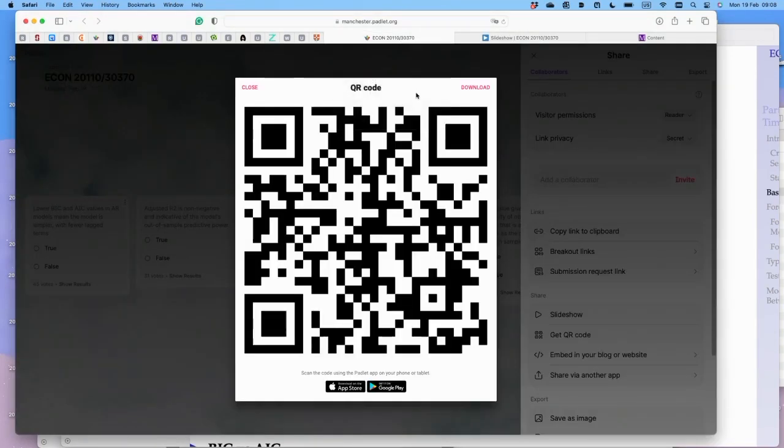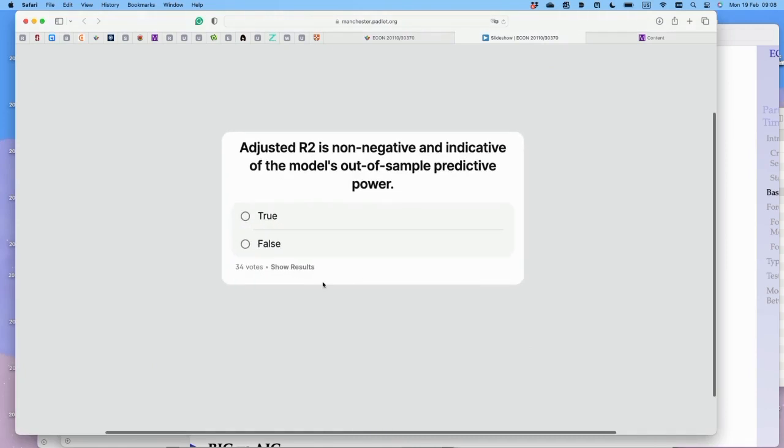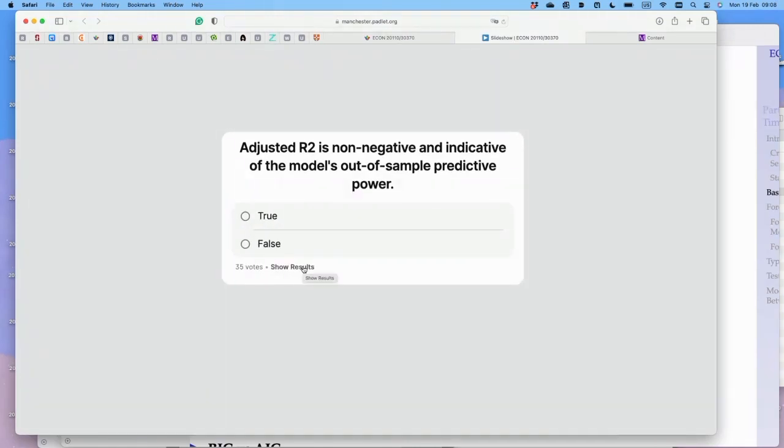Those who just came in, 5 seconds for you, okay? 5, 4, 3, 2, 1, okay? So this is related back to what we've covered in topic 2 last semester. Now, this is actually a false statement, okay?